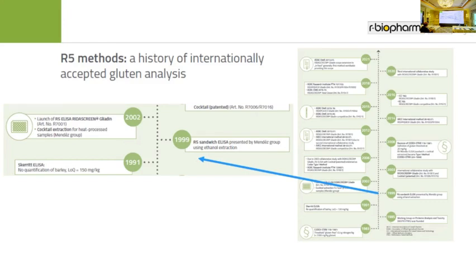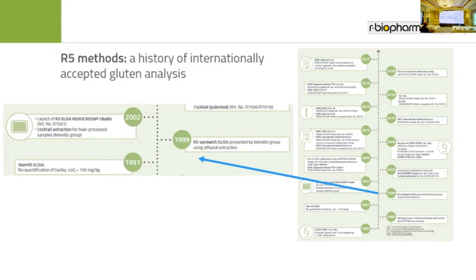Again, eight years later, the working group of Professor Méndez in Spain introduced a new assay, the R5 sandwich ELISA. At this time, he used ethanol for the extraction of food samples, as was usual at that time.